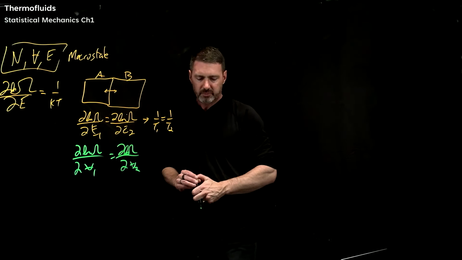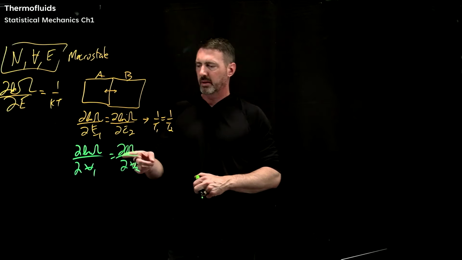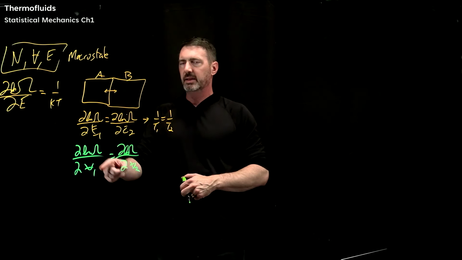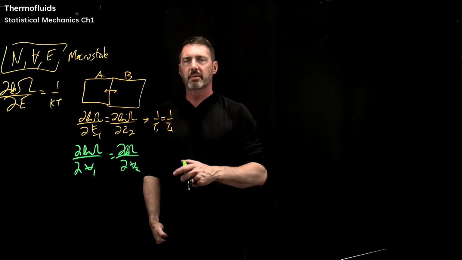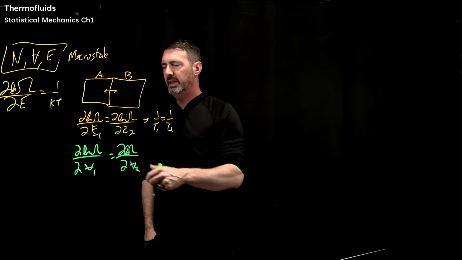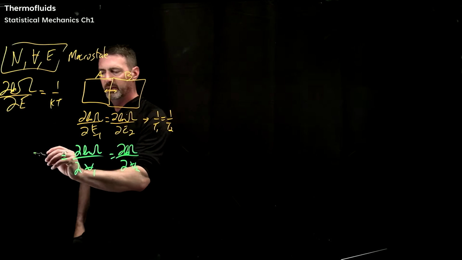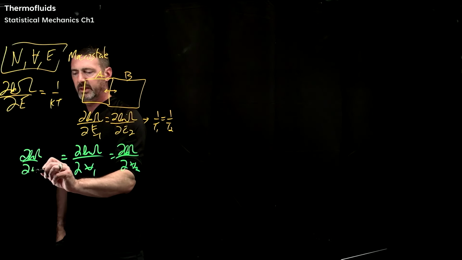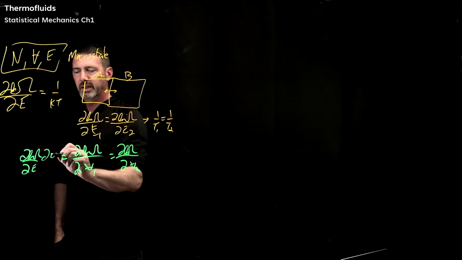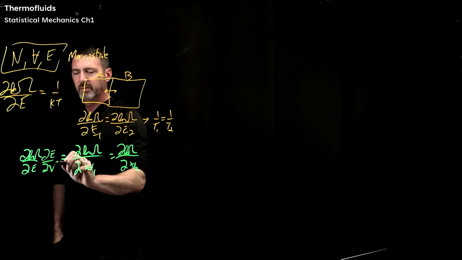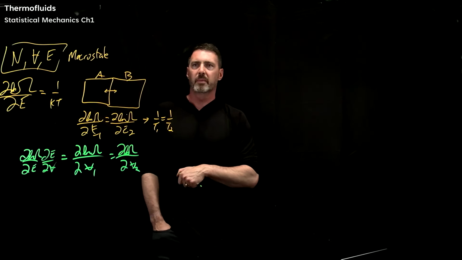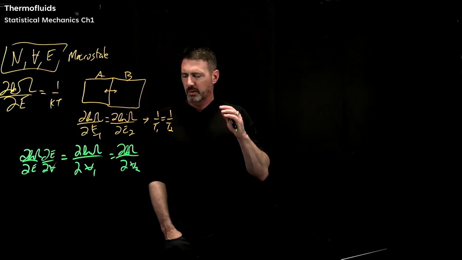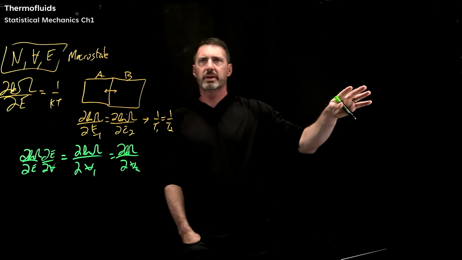Now, the hard part here is that we know what the partial with respect to E is. So I want to back this out: this is going to be the same as the natural log with respect to E, and then you get del E, del V, chain ruling it. I'll write it over here because I'm going to come back to it in a second.